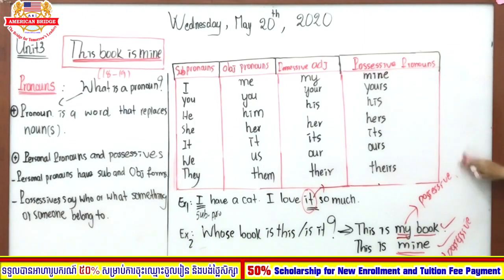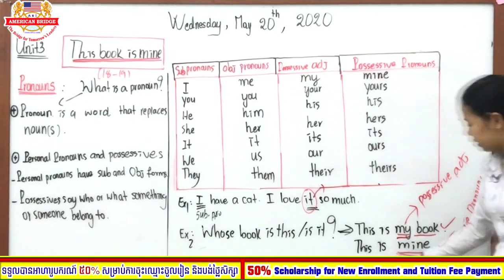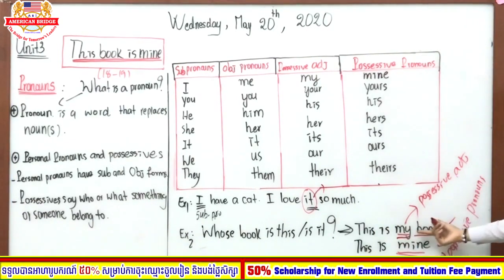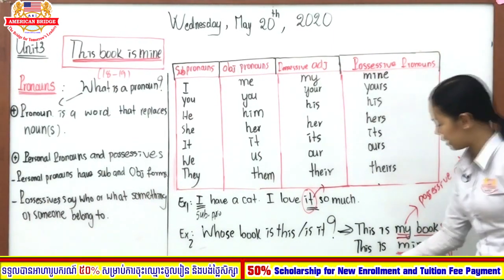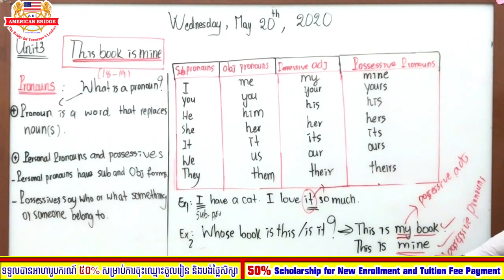Here is the possessive adjective and here is the possessive pronoun. So you see the differences. Why is this one a possessive adjective and this one a possessive pronoun? Because like the teacher said, for a possessive adjective you need to put a noun behind it. So whose book is this? This is my book. Or you can say in short, this is mine.